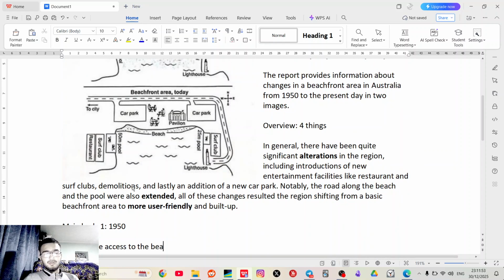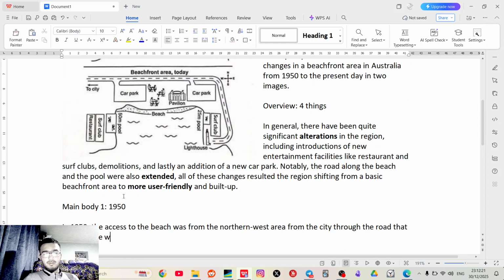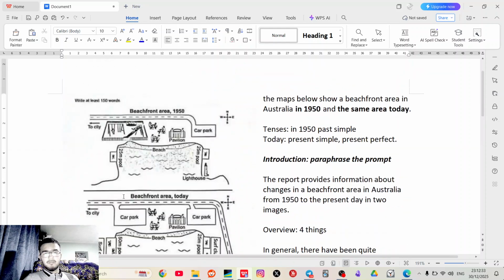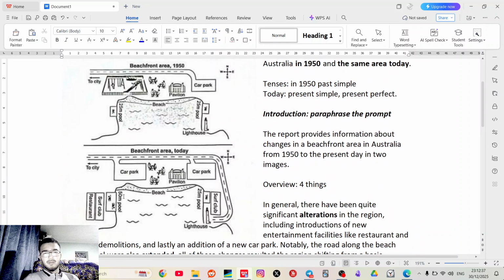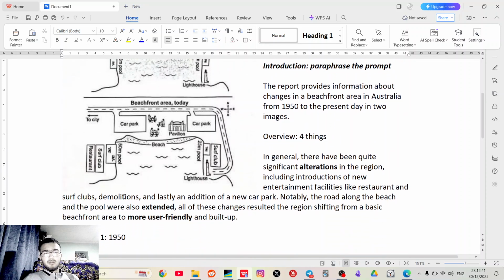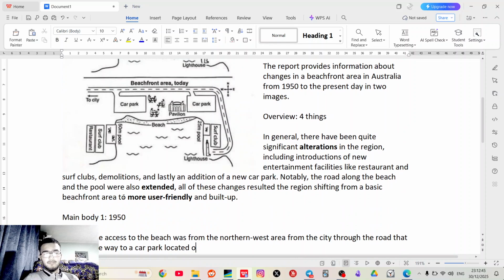the access to the beach was from the north-western area, from the city, through the road that went all the way to a car park located on the opposite side.